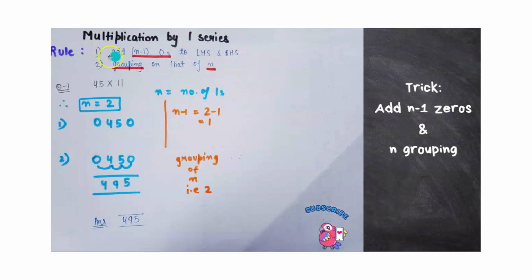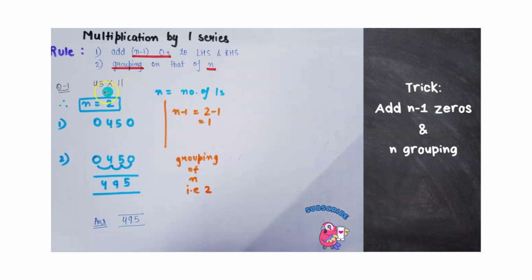First, you need to add n minus 1 zeros. What does it mean? You need to add 2 minus 1, that is 1, zero to the left hand side and to the right hand side of the number you are multiplying by the 1 series.